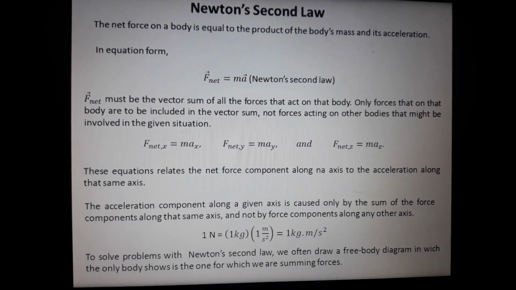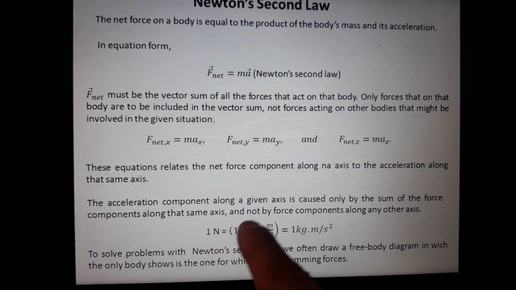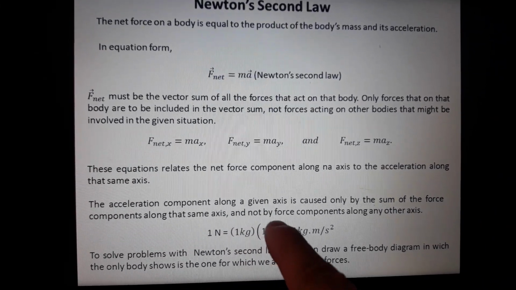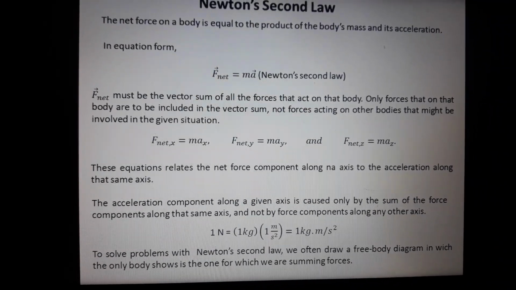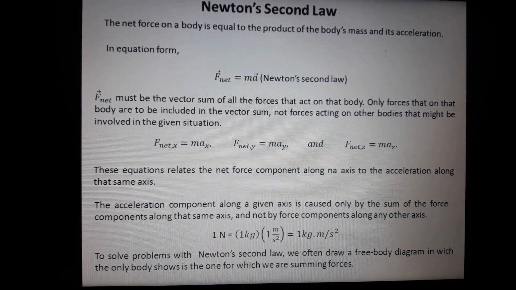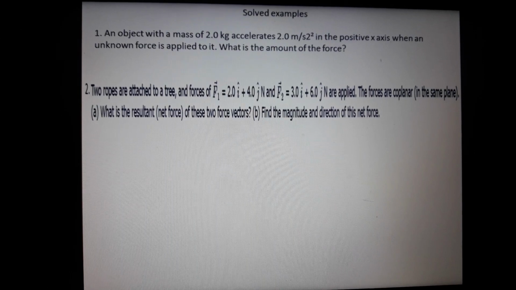We have this unit called the newton, kilograms multiplied by meters per square second. It's a unit of measure for force. So let's see this solved example.